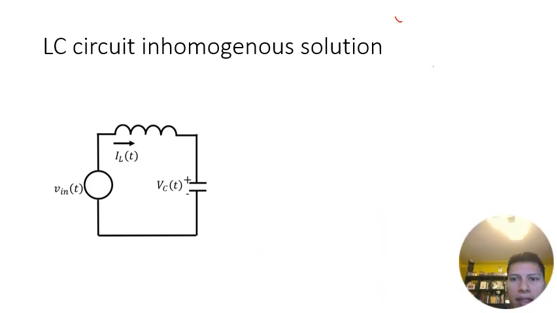Okay, so in the previous slide we got that VCP was equal to 1 over 5 e to the negative t, and it was positive.